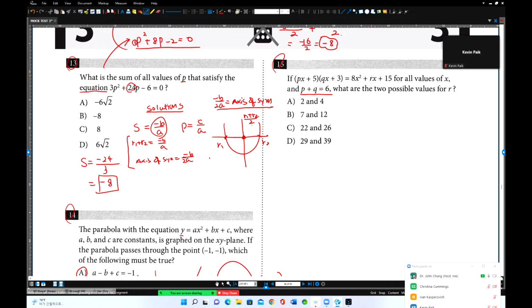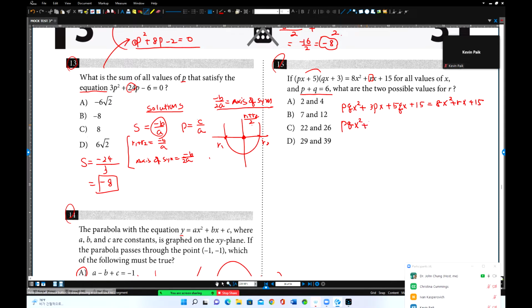We're going to find this R. Or you can expand this one, it doesn't matter. When you expand this one, p times q x squared plus 3px, plus 5qx, and 3 times 5 is 15. That equals a x squared plus r x plus 15.